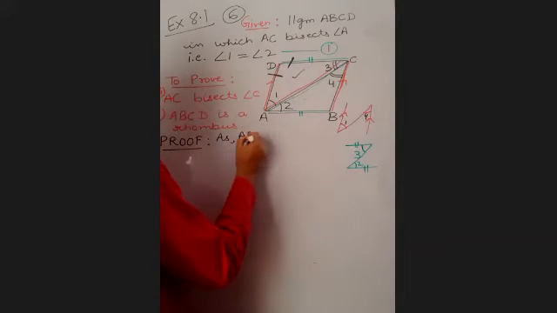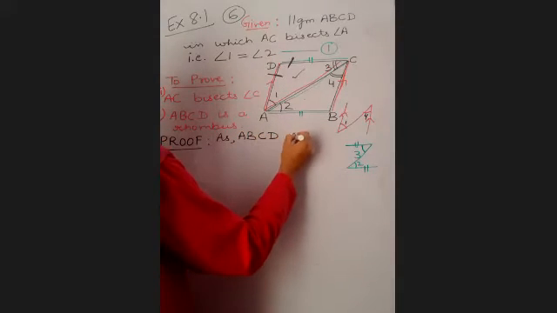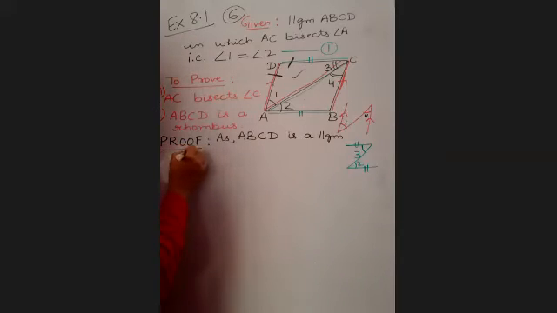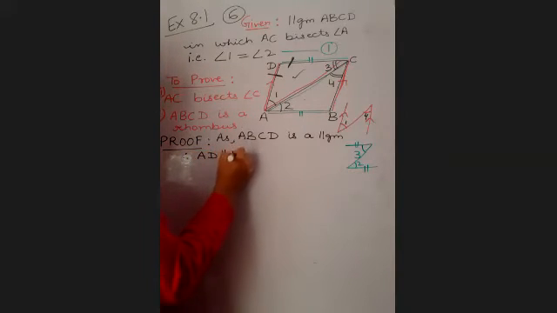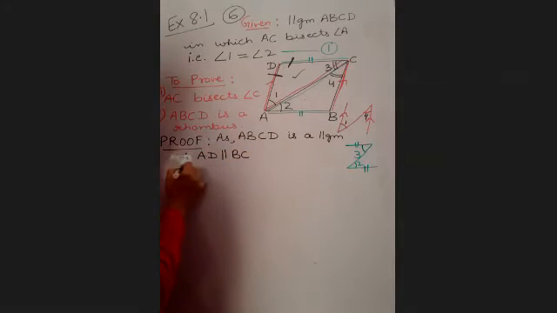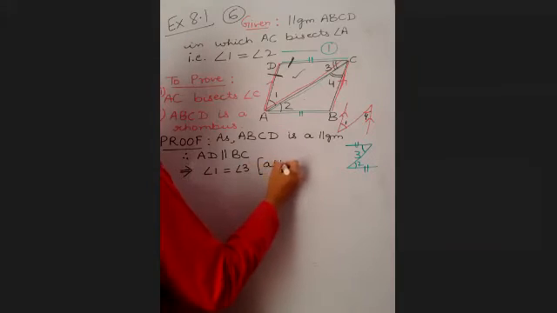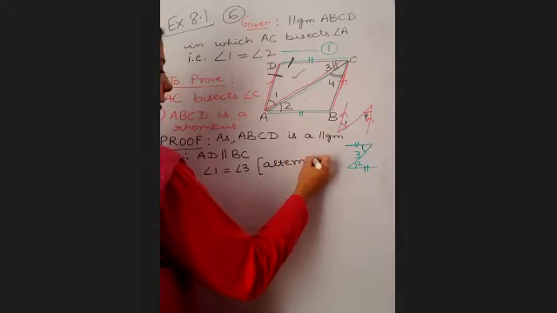Okay, so let us just write it down. As ABCD is a parallelogram, therefore AD is parallel to BC, which gives me angle 1 is equal to angle 3, alternate angles.